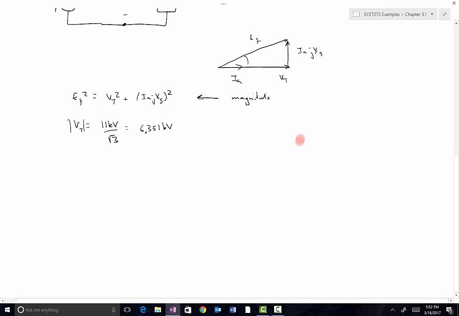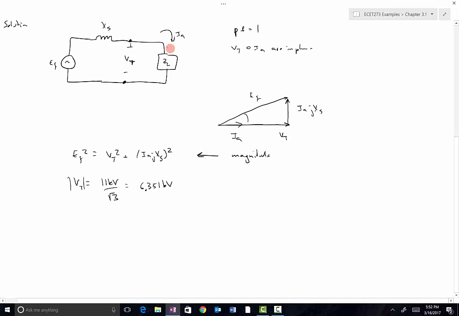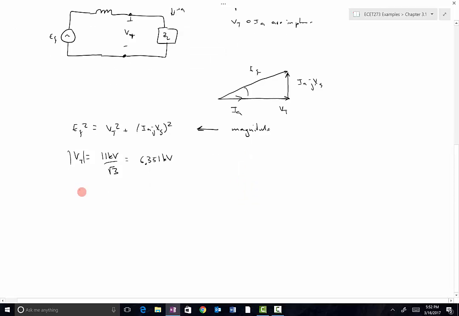Now we need to determine the armature current flowing out of the terminals of this generator, and I get that from the power. So IA is going to be equal to the S on a phase basis divided by the terminal voltage, and I need to take the complex conjugate of that.